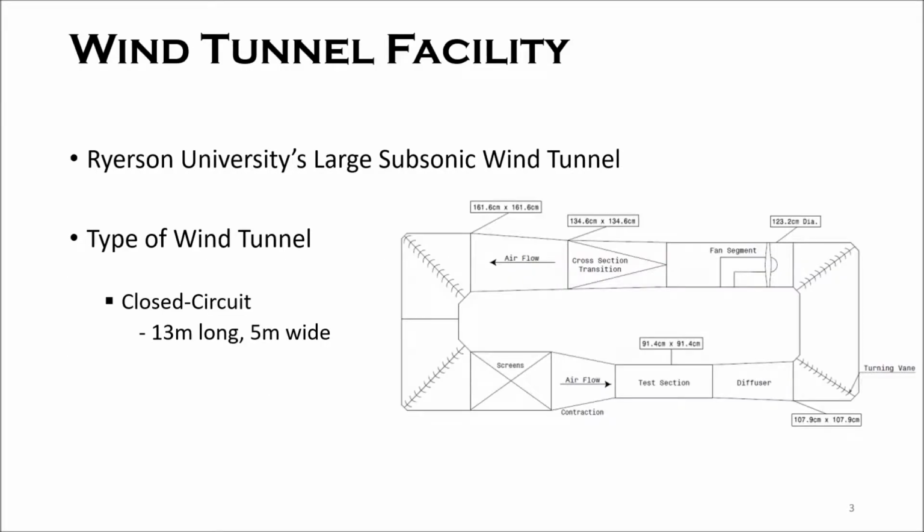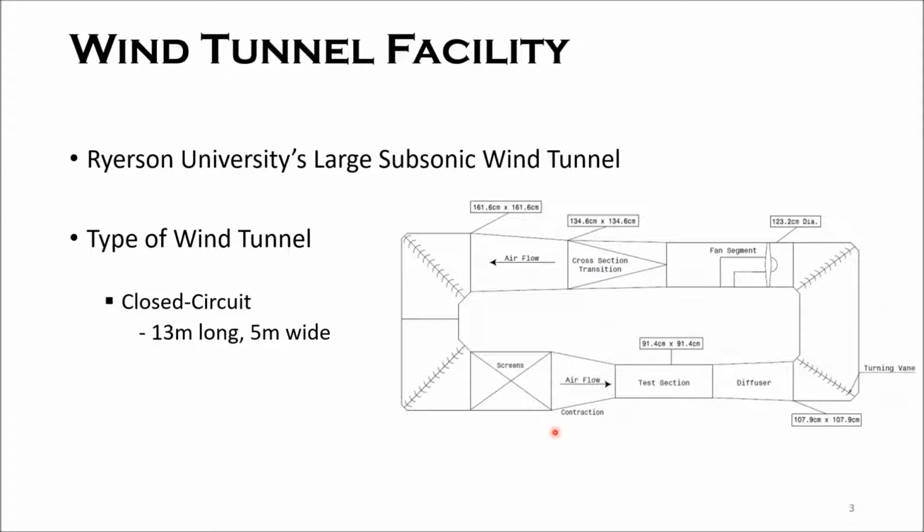This project was conducted using the Large Subsonic Wind Tunnel at Ryerson University. It is a subsonic, closed-circuit, closed test section wind tunnel that is 13 meters long and 5 meters wide, represented by the diagram on the right-hand side. It is composed of the settling chamber with screens, where the entering airflow is straightened and stabilized.